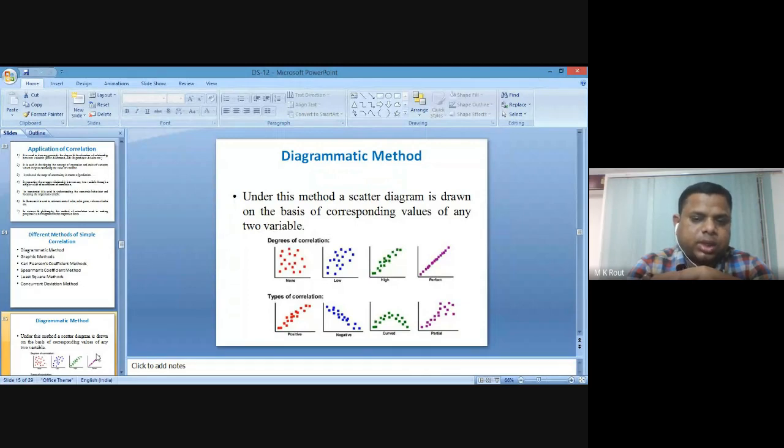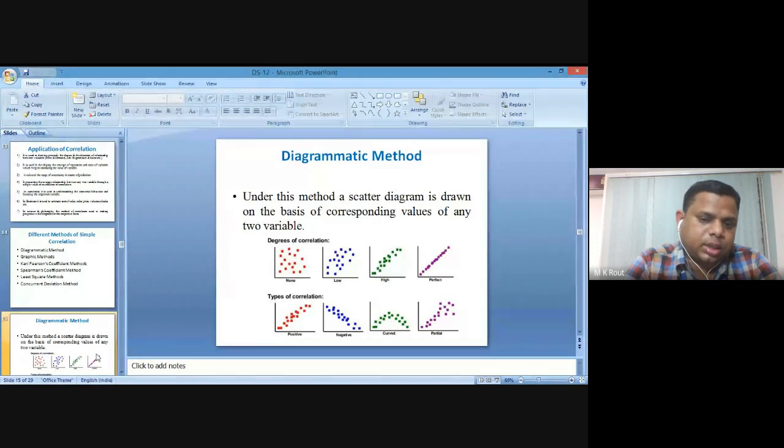In the first row, the degrees of correlation are given in different colors: non-correlation, low correlation, high correlation, and the last one, perfect correlation. Similarly, you can compare different types of correlation, for example positive or negative, curved, or partially correlated variables.